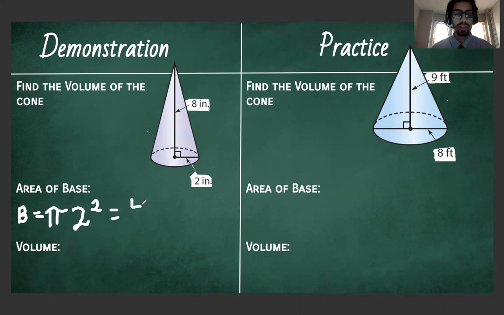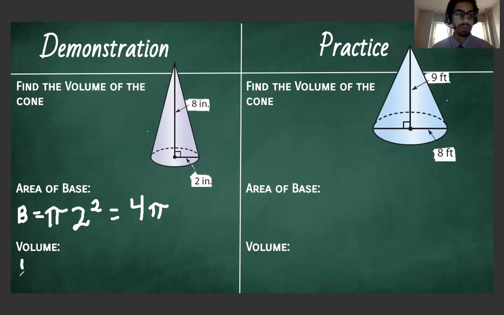So I would just write 4 pi over here for the area of the base. Now that I have that, I can solve for volume. So can someone remind me real quick what the formula for the volume of a cone is? 1/3 times B times H, or 1/3 times the area of the base times height.